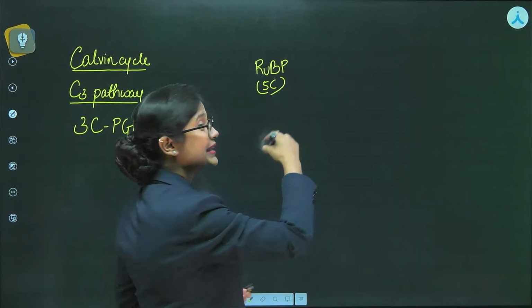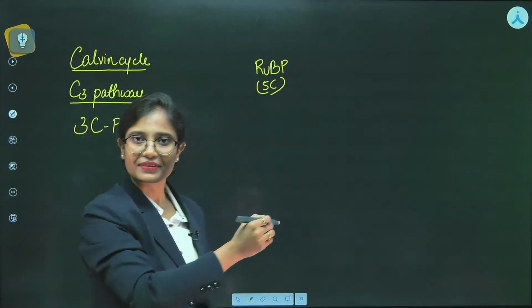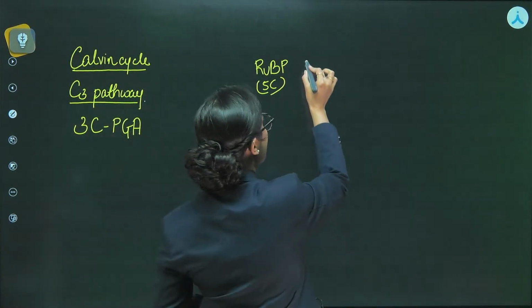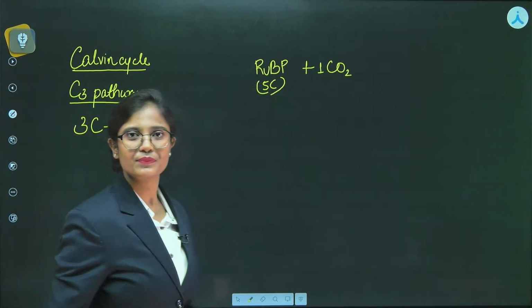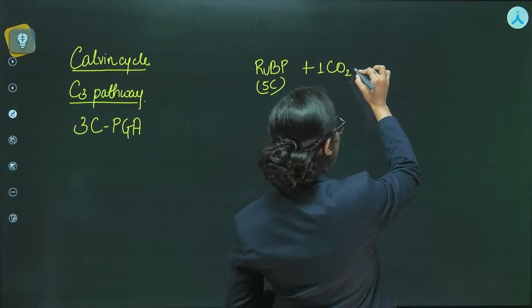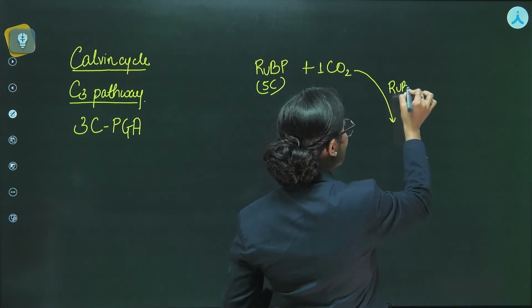Right? अब ये primary acceptor है carbon dioxide का, तो इसके पास already 5 carbon थे. अब इसने accept किया 1 molecule of CO2 from the atmosphere, in the presence of enzyme which is rubisco.